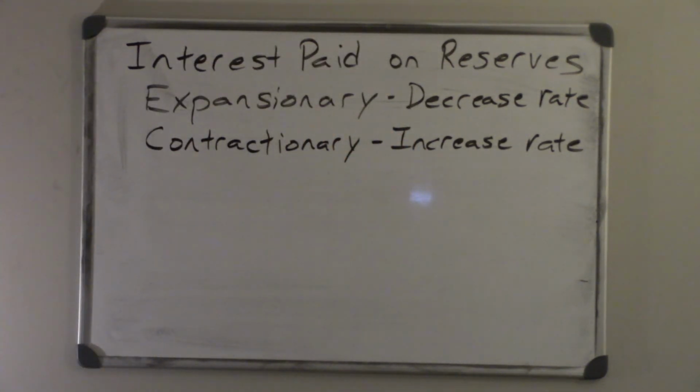And so that money that could have been in the economy going to those different types of loans is now just sitting in the Fed. So we have a decrease in the money supply.